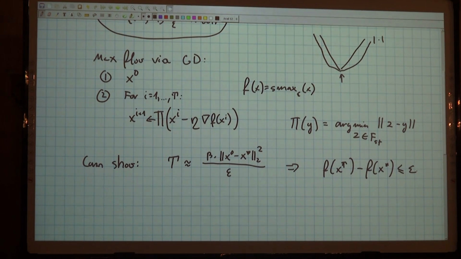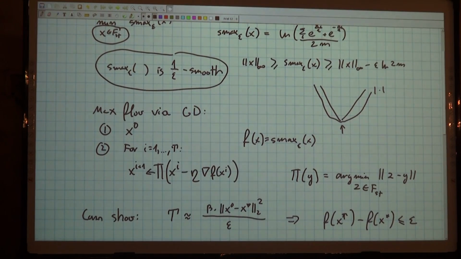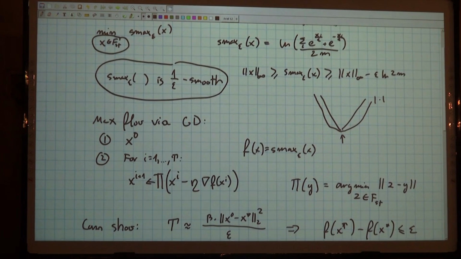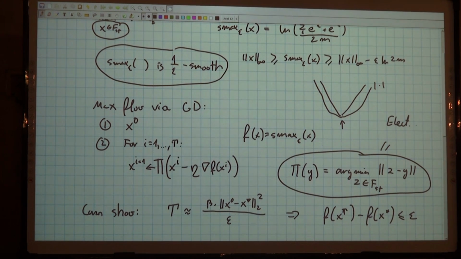Okay, so essentially all of this is already a working max flow algorithm. You don't need to know anything about graphs, except to compute this projection. This really corresponds to electrical flows. And as we already showed last time, this corresponds in turn to solving a linear system.